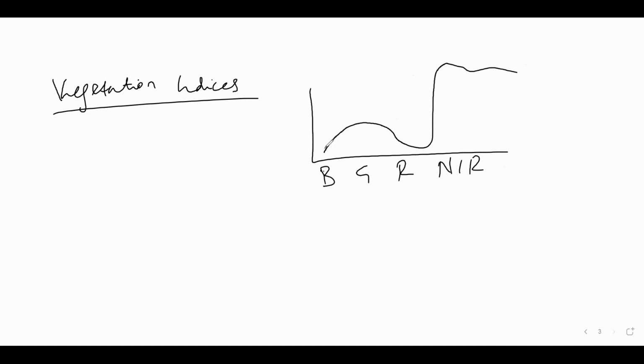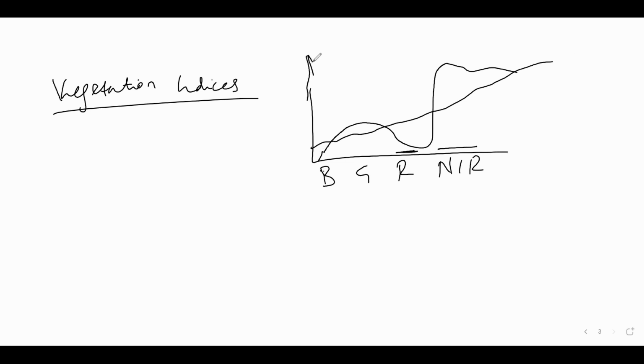If you have soils, it will probably be something like that. If we have a band in the near infrared and another in the red, you will see that vegetation has a low reflectance in the red and a very high one in the near infrared, so by getting the ratio of near infrared to red, we are able to make it prominent.